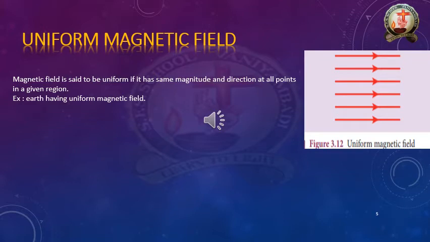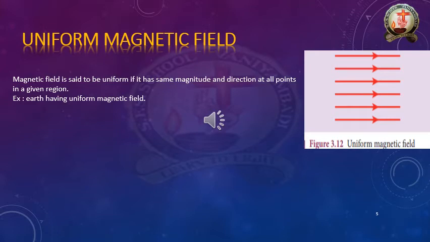Before explaining this topic, first of all, you have to remember one statement: magnetic field is in the form of magnetic field lines. Now today's concept is uniform magnetic field. A magnetic field is said to be uniform if it has the same magnitude and direction at all points in a given region.